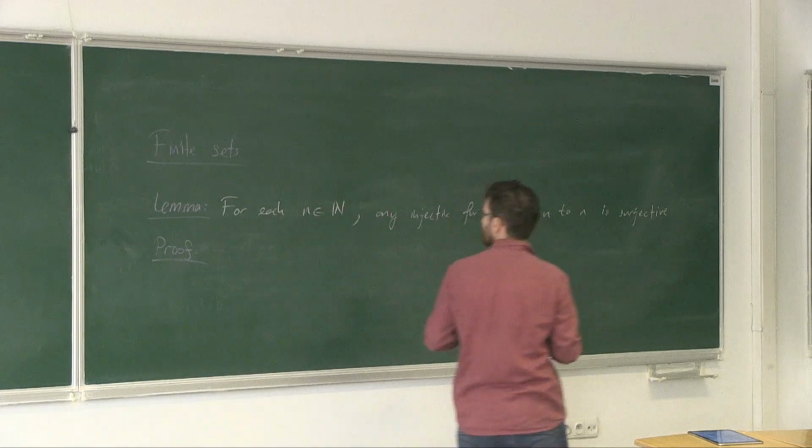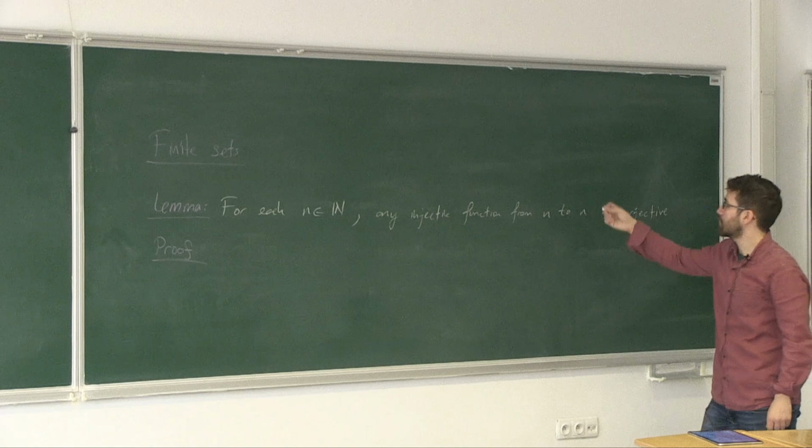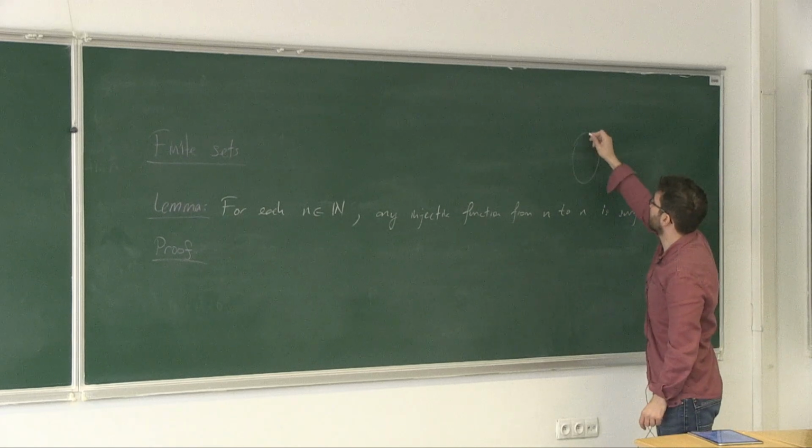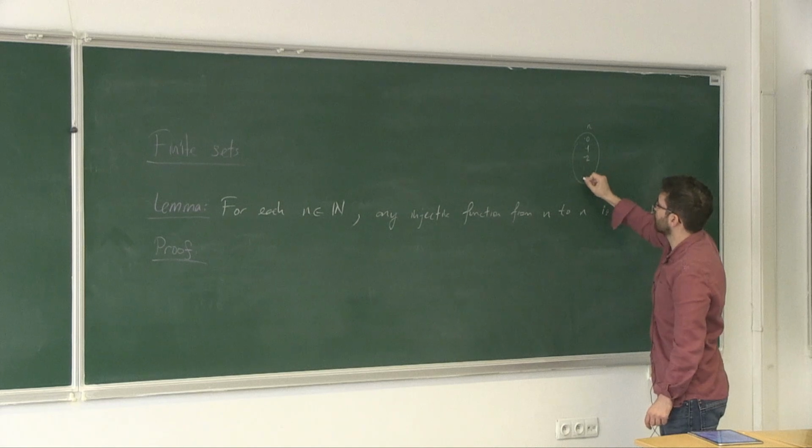Let's read this. What does this say? It says if you pick a natural number, it contains 0, 1, 2, and goes up to n minus 1.